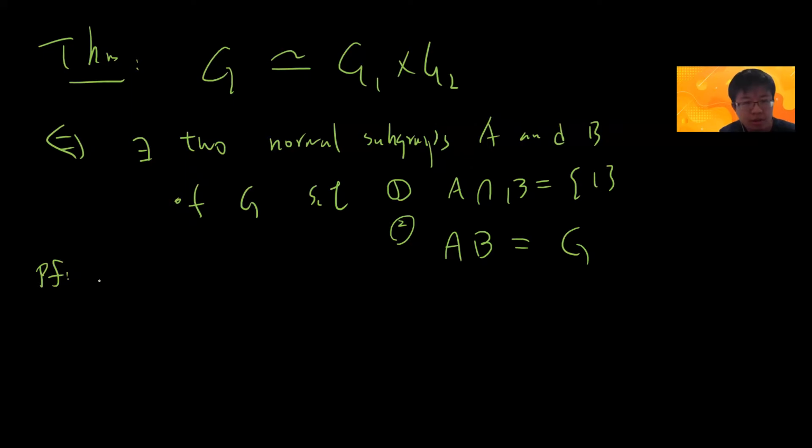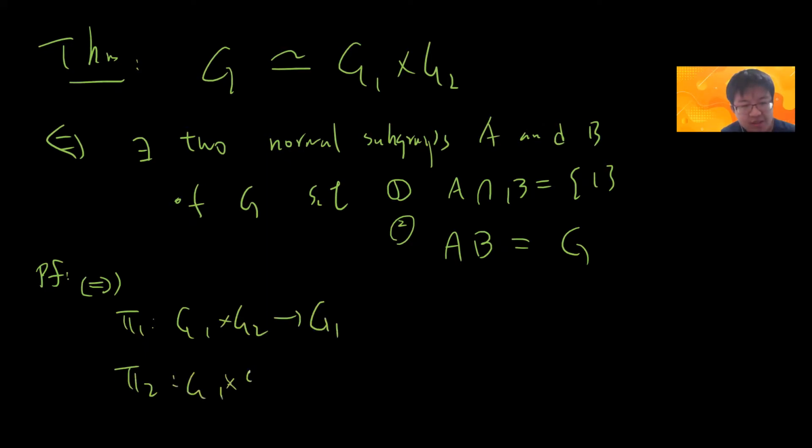Let's prove this direction. Suppose G is isomorphic to G1 cross G2. I can define two projections, and these projections are trivial. They send (x1, y1) to x1 and (x1, y1) to y1.